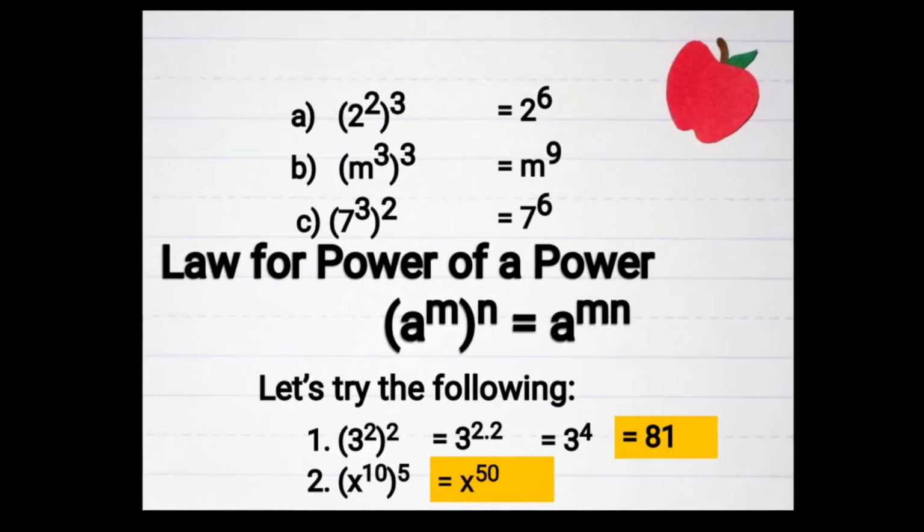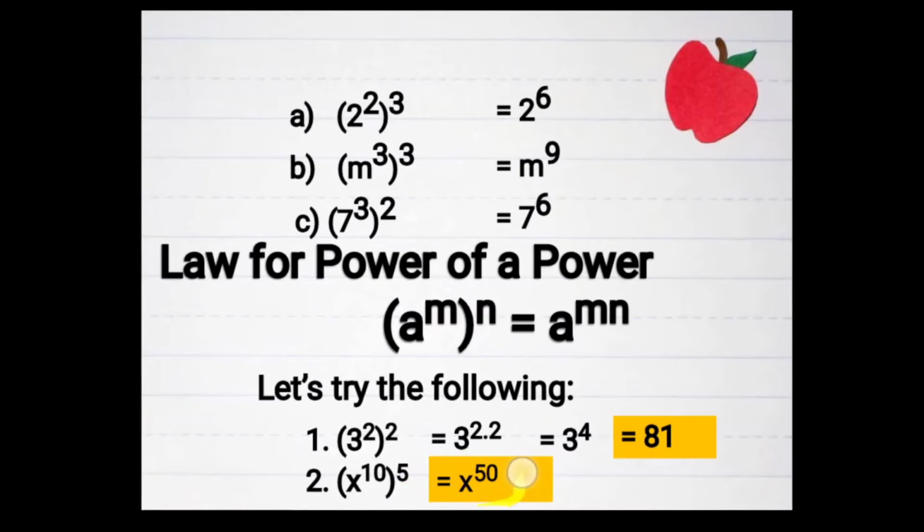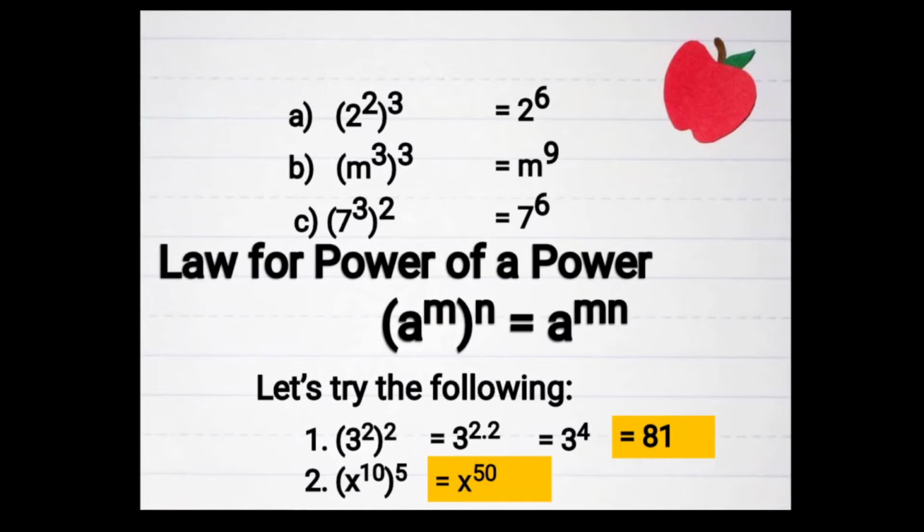We have x, then 10 times 5 is 50. That's why we have this answer as x raised to the 50th power. Again, for the law for power of a power, you have to multiply the exponents.